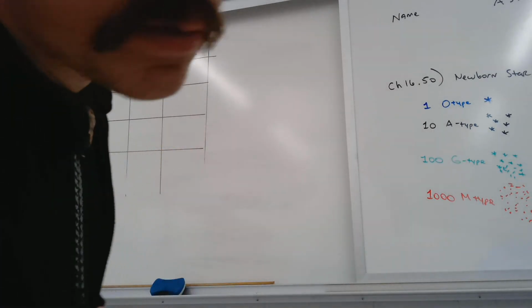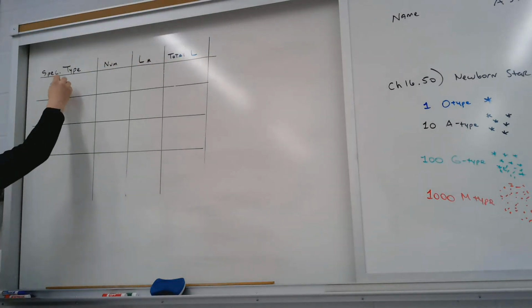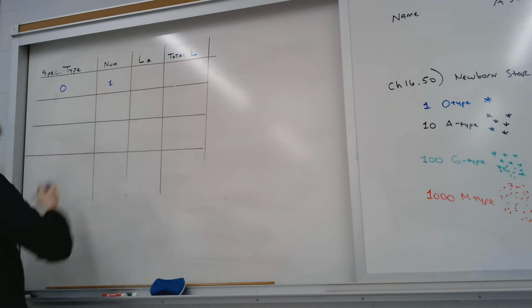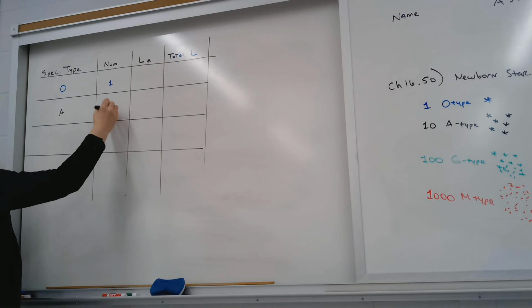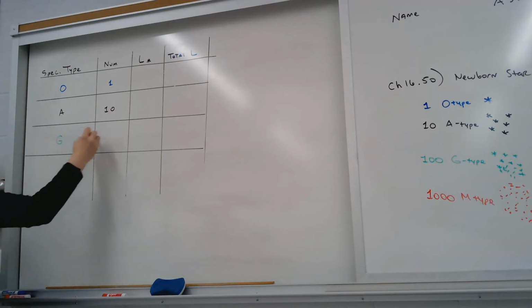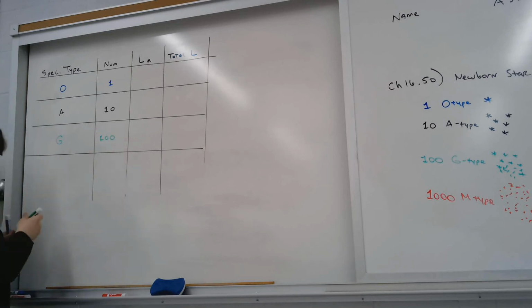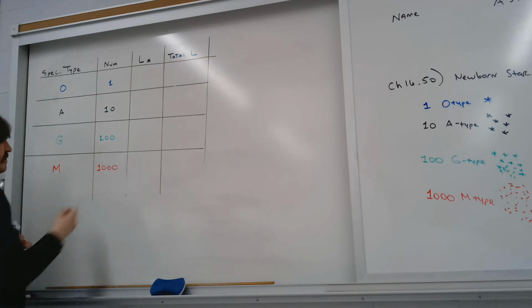So, using some creative colors, I have an O type, of which there's one, an A type, of which there's 10, a G type, of which there's 100, and an M, for which there's 1,000.